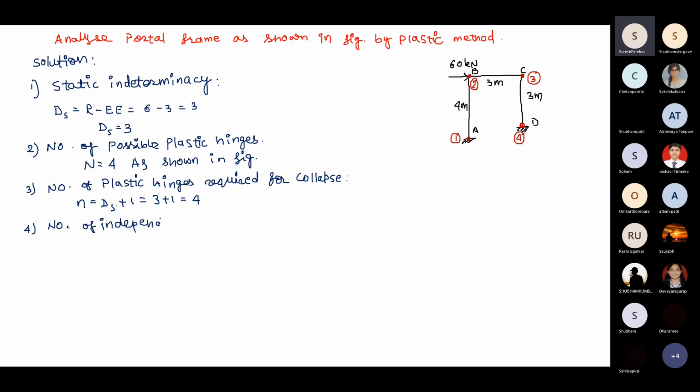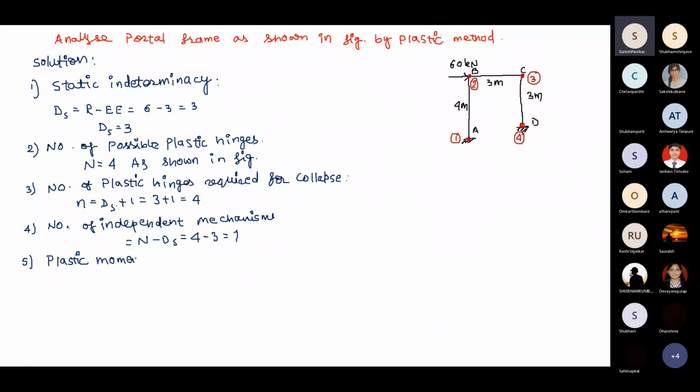Number of independent mechanisms: N minus ds, which is 1. Then plastic moment.